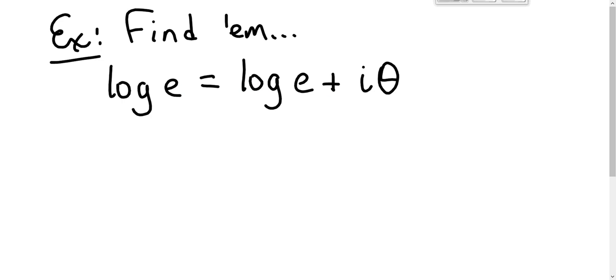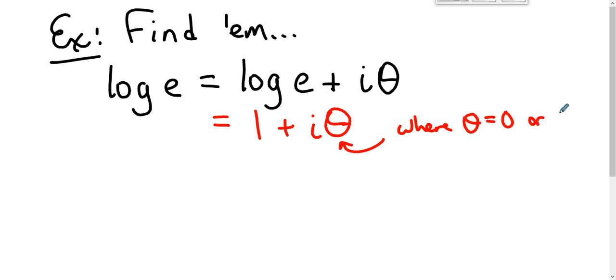Well, the log of e, that's 1. What's theta? Well, theta is 0, or it's 2 pi, or it's 4 pi, and we could go on. Why? Because when we graph e in the complex plane, here's e. So that's at 0, or we swing around 2 pi, or we swing around 4 pi, or we swing around 6 pi, and so on.